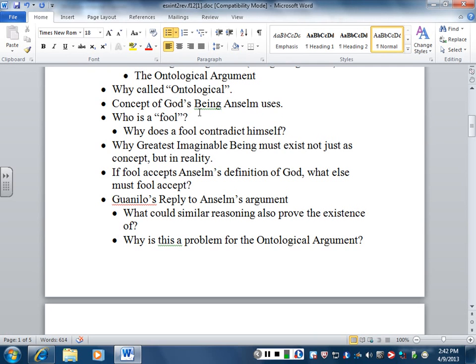And that's what all of these arguments try to do. And so Anselm, living basically in a Roman Catholic country, can pretty much count on the fact that even if somebody does not believe in God, they pretty much will agree with him on who God is, if God were to be, right?